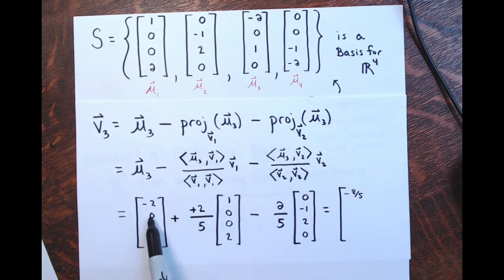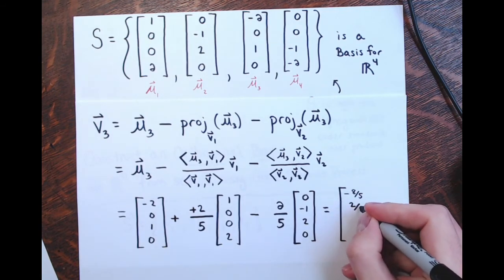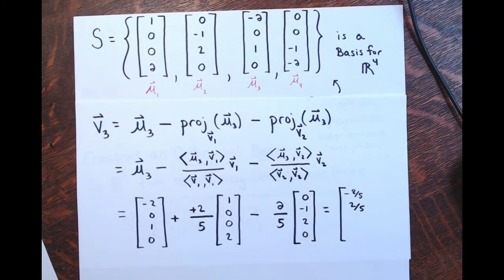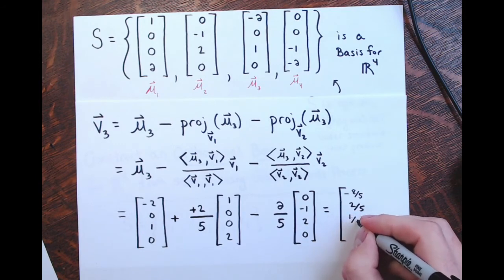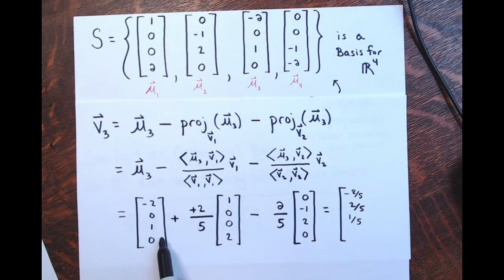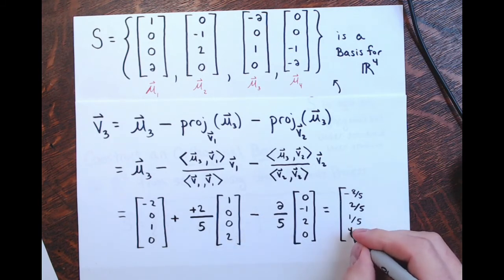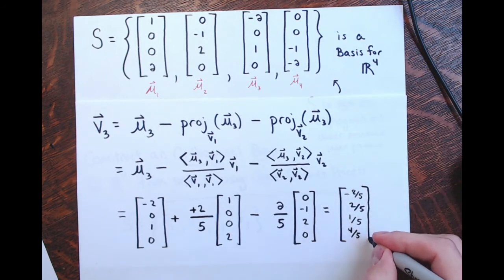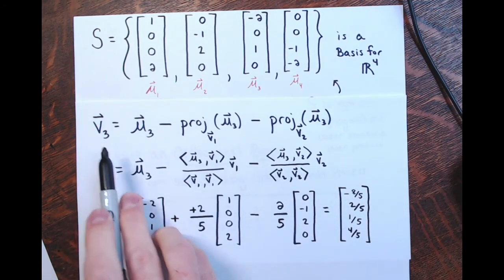And then second component, 0 plus 0, and plus 2/5, so 2/5 for the second component. Then the third component is 1 plus 0, and then minus 4/5, which would be 1/5. And then finally, 0 plus 4/5 minus 0. Right, so here, this vector is v3.